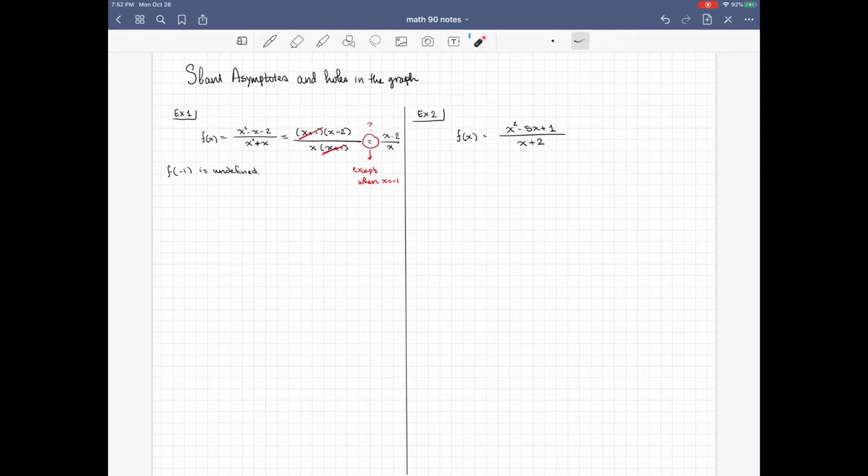So what that means is that when we go to graph this function, its graph is identical to the graph of our original function f, except there's an empty hole when x is -1. So I'm going to write that: this graph has a hole in the graph when x is -1.